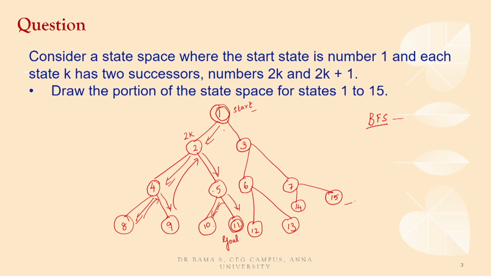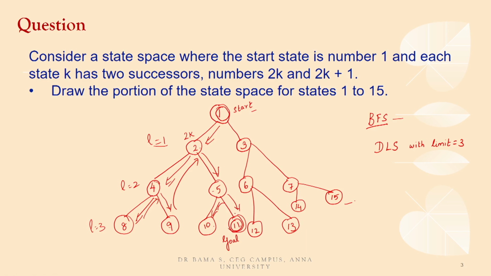For depth limited search, suppose we take the limit as 3. In limit 1 it will search depth wise, in limit 2 it will go depth wise and within that breadth, and in limit 3 it would find 11 through depth first search.